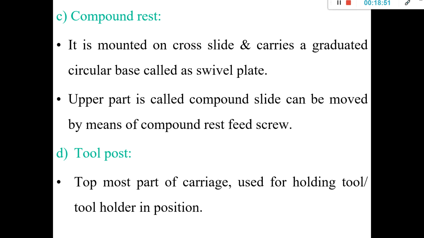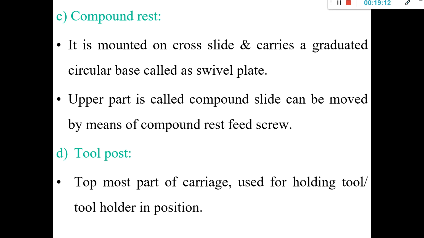Now the compound rest. It is mounted on the cross slide and carries the graduated circular base called the swivel plate, and the upper part is called the compound slide, and it can be moved by means of the compound rest feed screw.